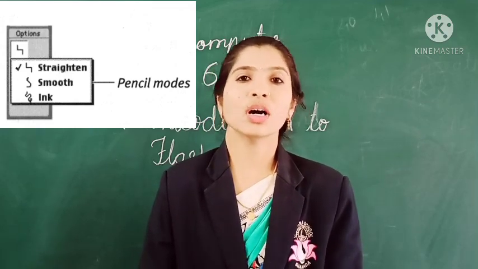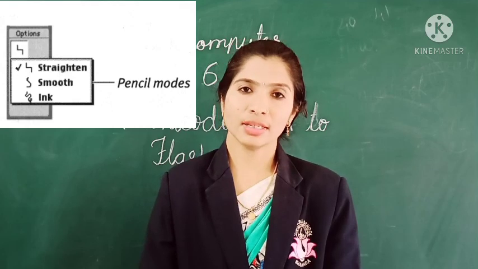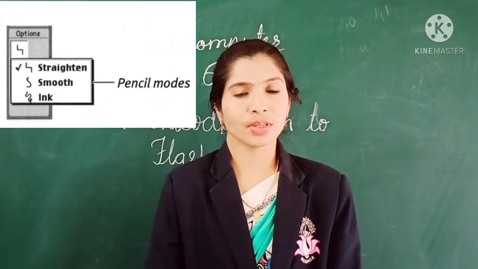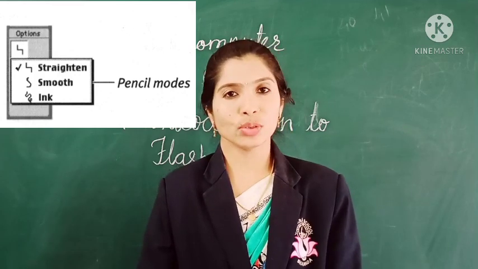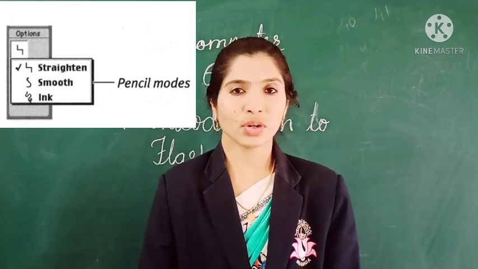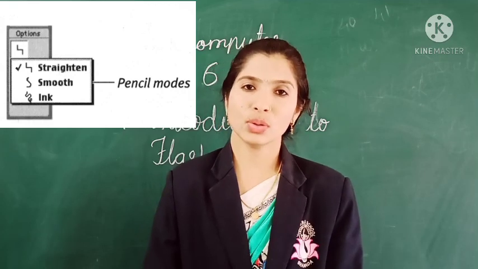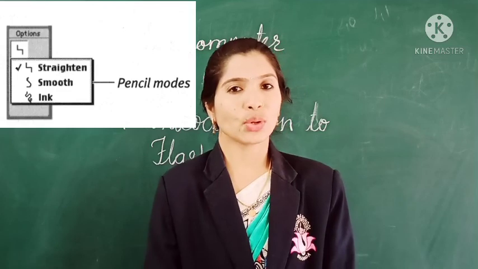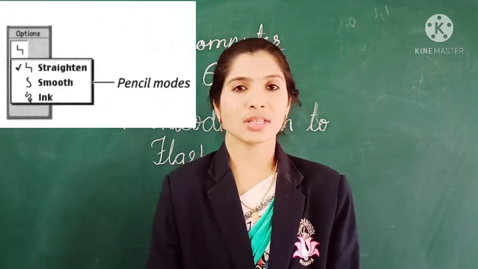If you want a curved line, then you can use smooth. And if you want to use freehand drawing, then you can use ink. Like that, you can draw lines on the stage.